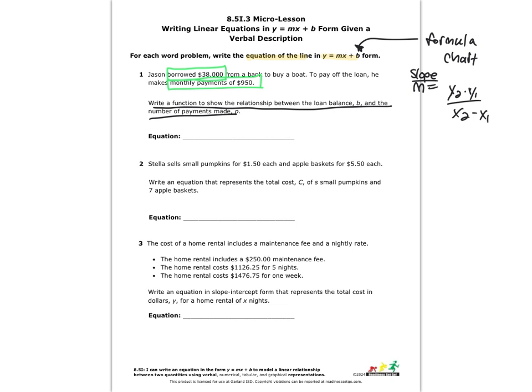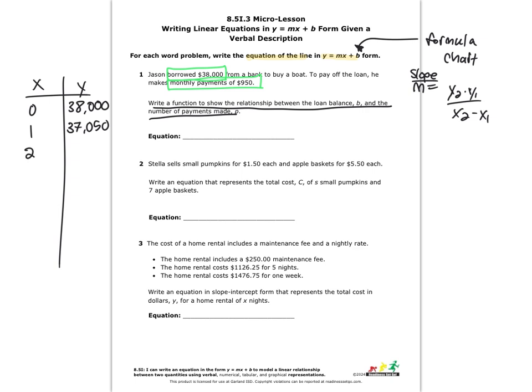I could actually create a table to represent that. After 0 payments, Jason owes $38,000. After 1 payment, he owes that much minus $950, so $37,050.